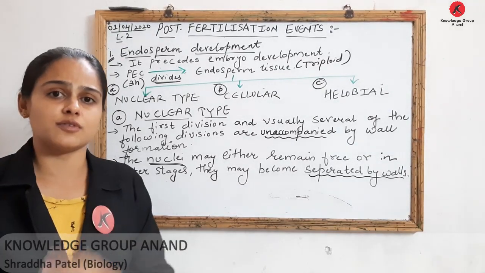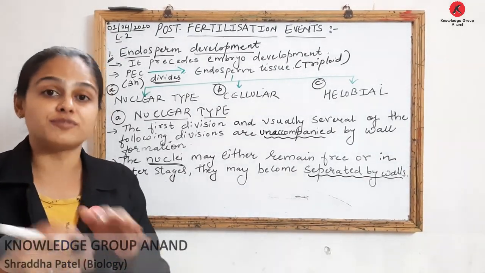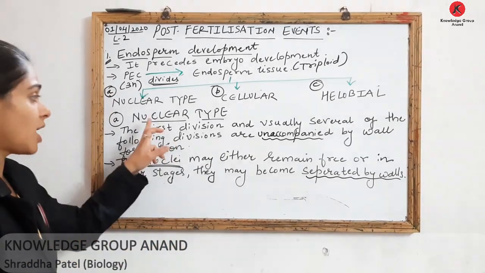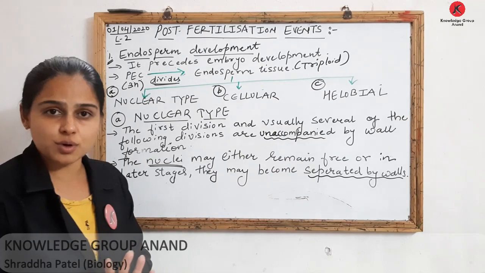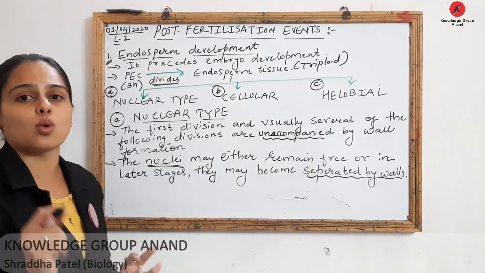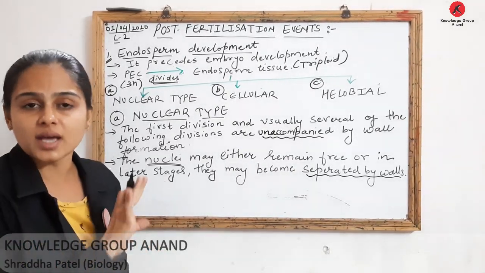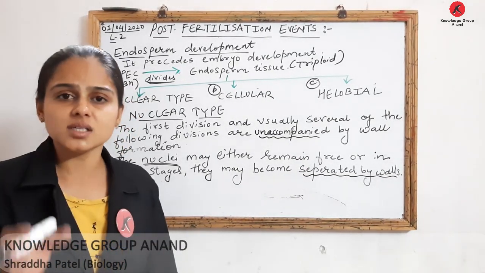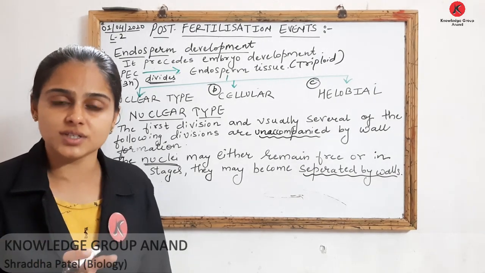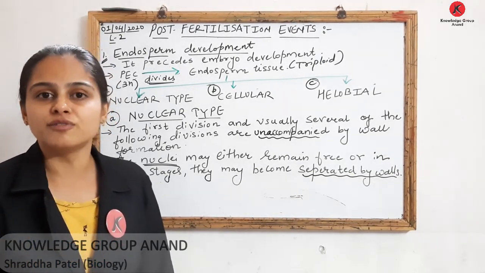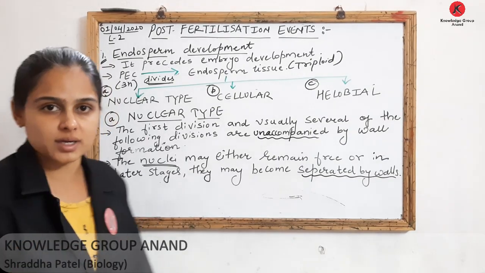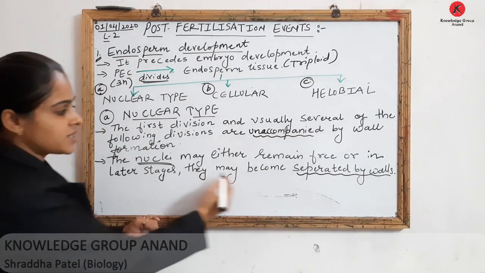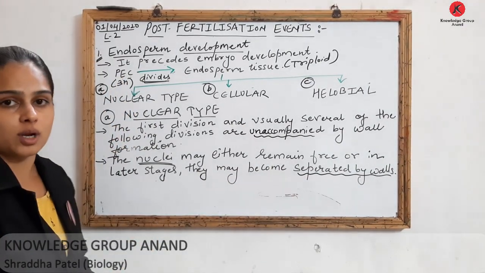Later stage in the sense, if a fruit attains maturity, after maturity there is a possibility that cytokinesis happens. So what is this, dear? Your nuclear type. What is nuclear type of endosperm development? In which only the nucleus divides, there is no deposition of cell wall. Meaning after karyokinesis there is no cytokinesis, because of which you will get many free nuclei. Okay, these nuclei may remain free or in a later stage they are separated by wall.